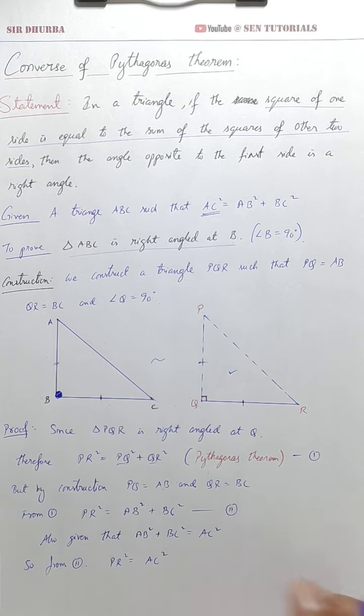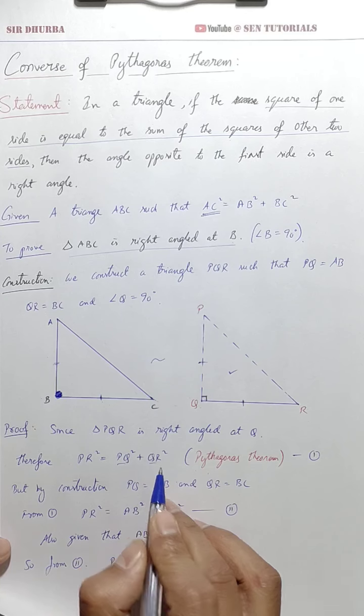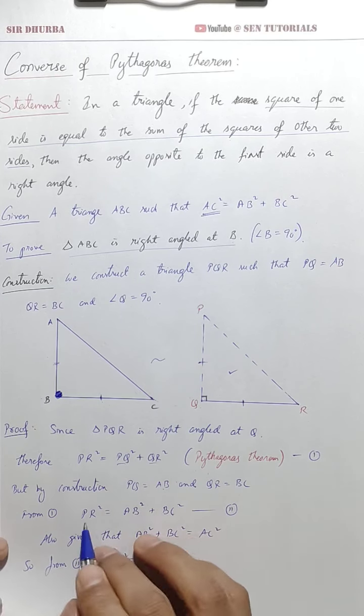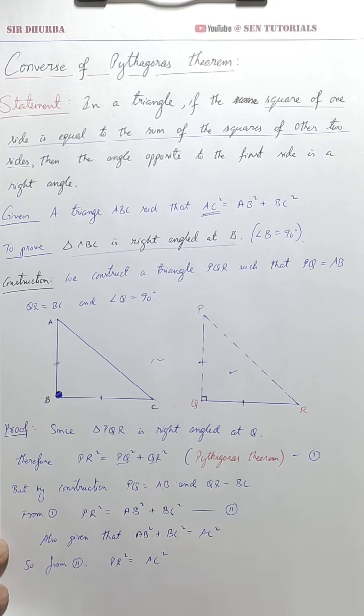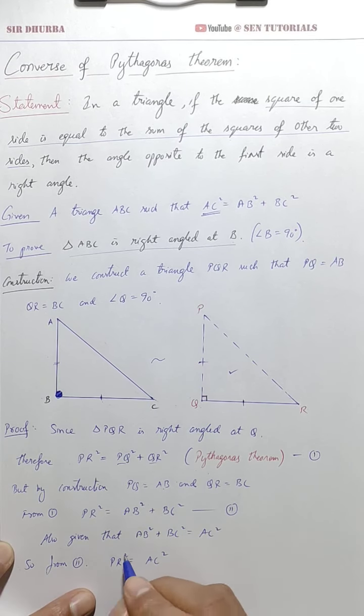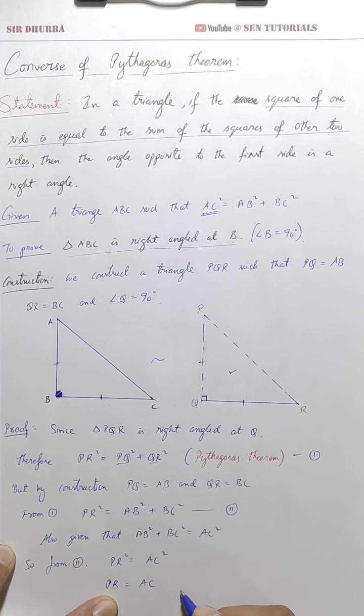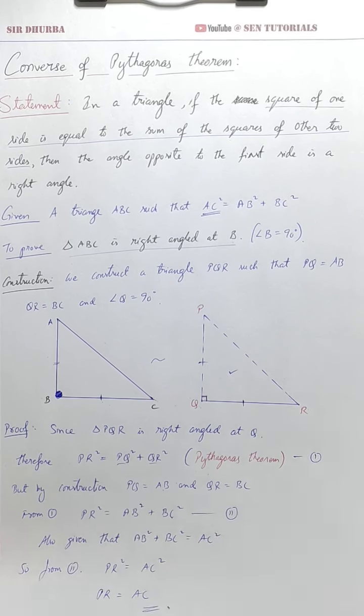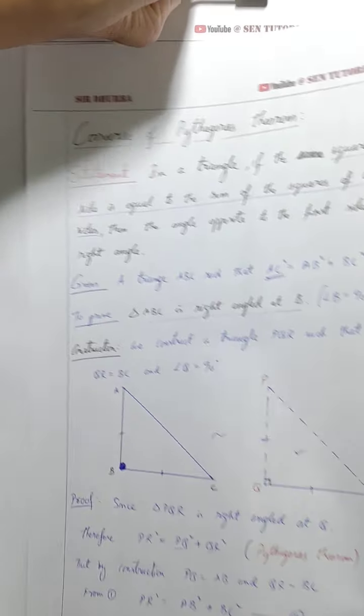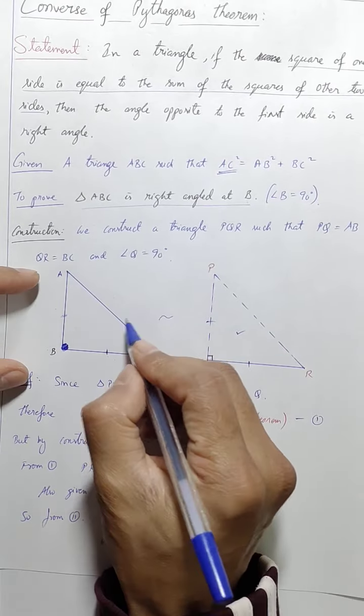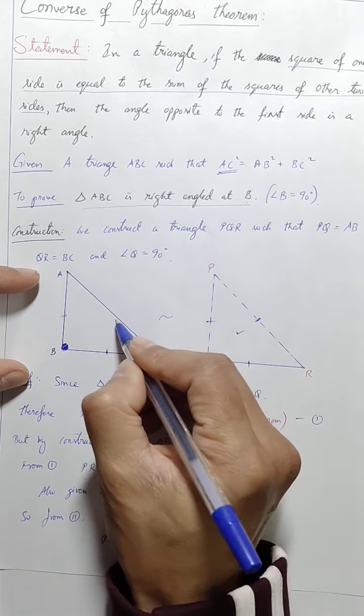So if we equate and cancel the squares, then PR is equal to AC. Right, simple as that. So let's keep this condition now. That means we have got that even PR is equal to AC.